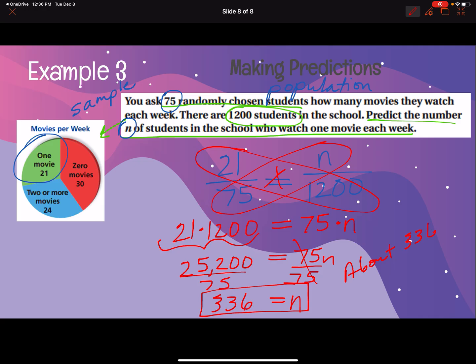So we are going to say about 336 students watch one movie each week. So as long as we have an unbiased sample, random sample, we can set up a proportion to make a prediction that is valid.